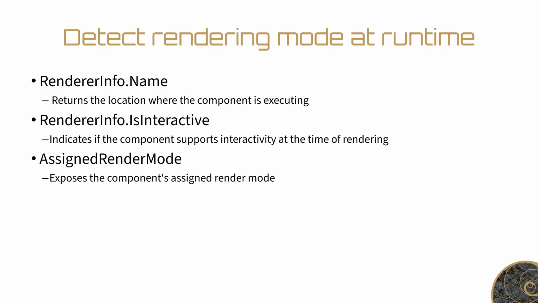So in order to see this and observe this double rendering, we're going to need to have access to a few things, and these are also useful for other reasons too. So first thing is the render info property that you have in your Blazor component. It provides you the name of the current interactivity mode, and then also a Boolean that tells you if it's interactive or not. And then there's an assigned render mode property. We can use these to figure out what interactivity we're in.